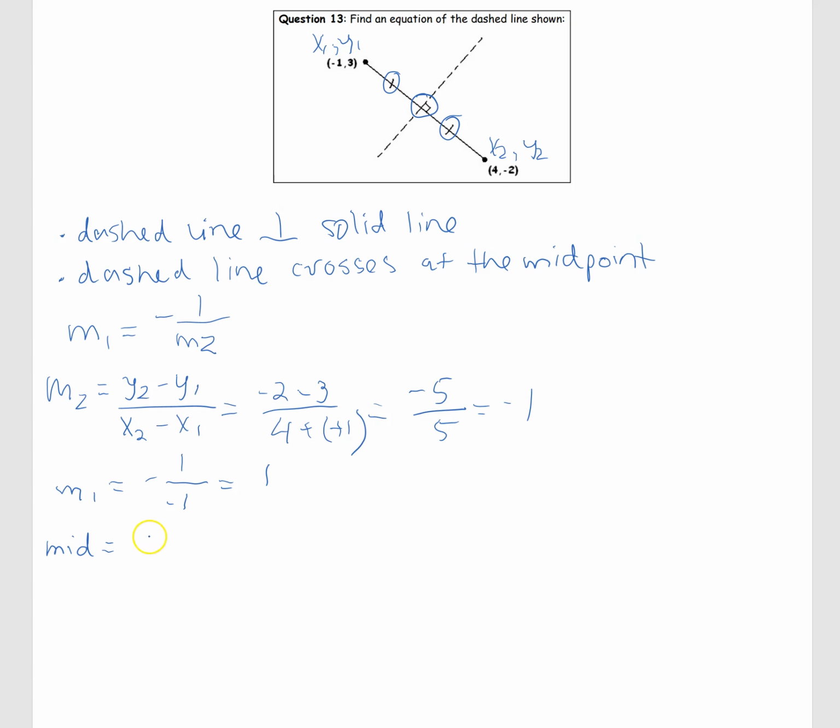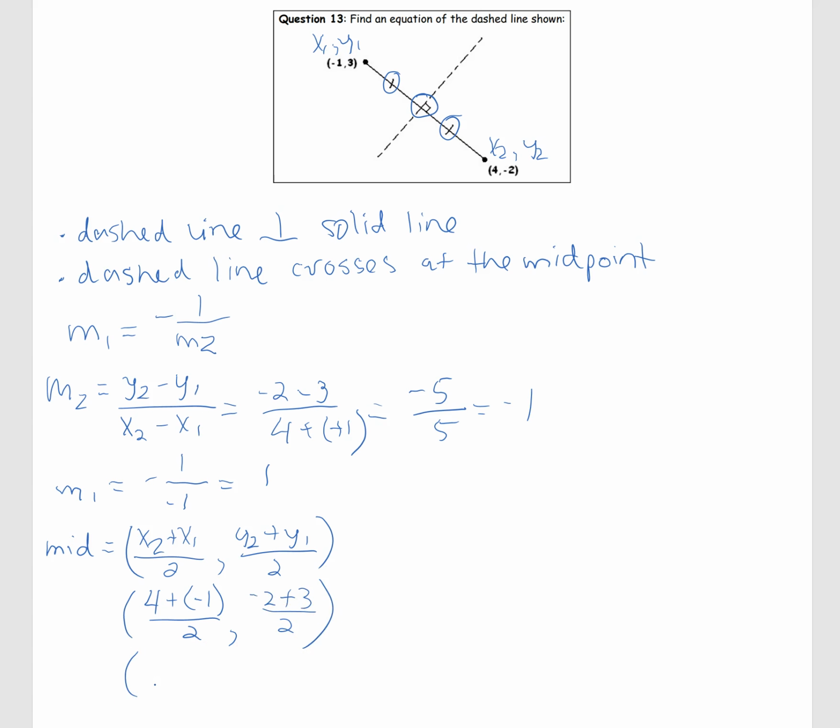So this gives me (x2 plus x1) over 2 for the x value, and (y2 plus y1) over 2 for the y value. Plugging in the points given, this gives us (4 plus negative 1) over 2, and (negative 2 plus 3) over 2.